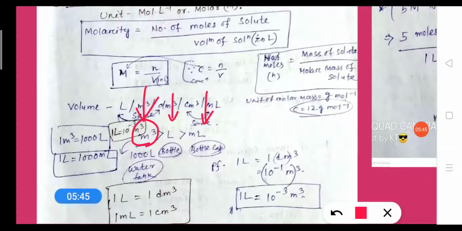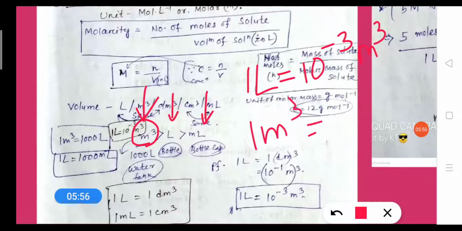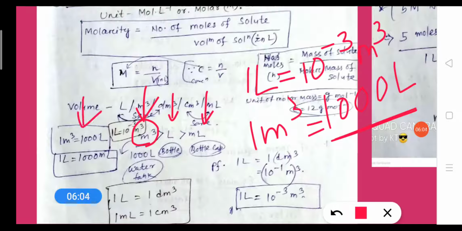How? 1 liter is equal to 10 to the power minus 3 meter cube, or 1 meter cube is equal to 1000 liter. That is our water tank. 1 meter cube is equal to 1000 liter, and 1 liter is equal to 1000 ml.